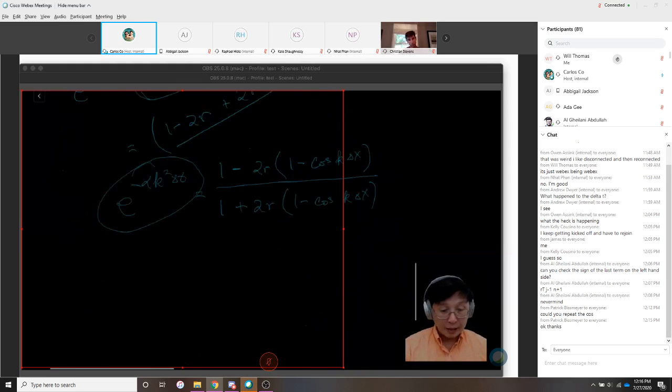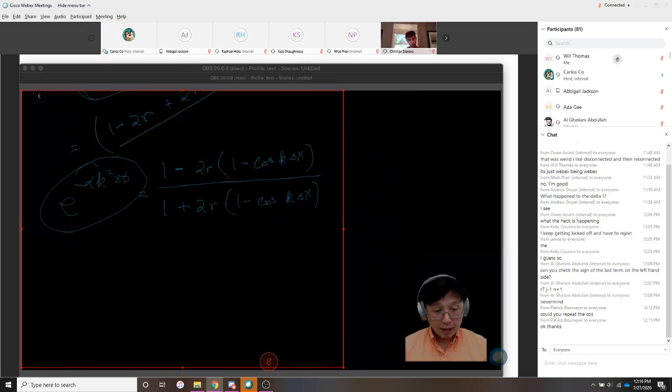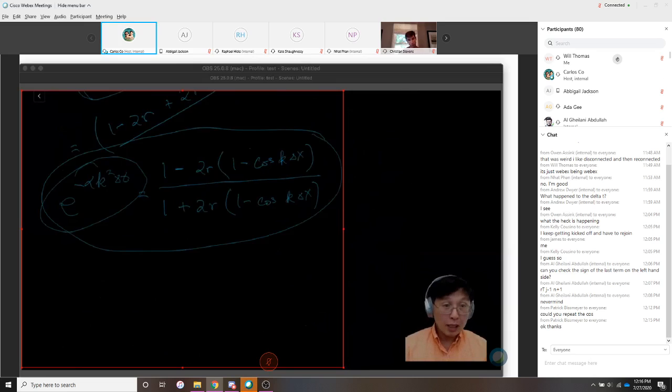So the requirement, therefore, is that this term has to always be less than or equal to 1. What can you say? Well, obviously, it's always going to be less than 1. Why is that? Look at this.